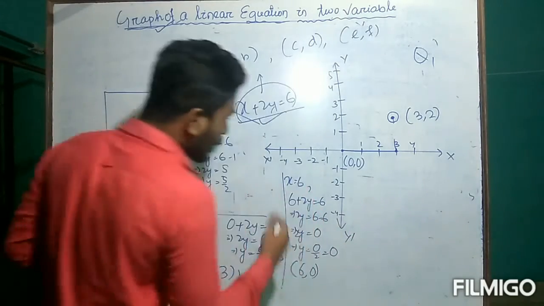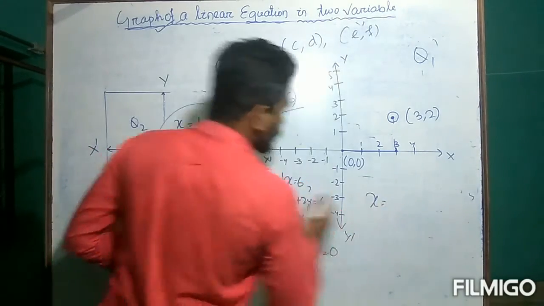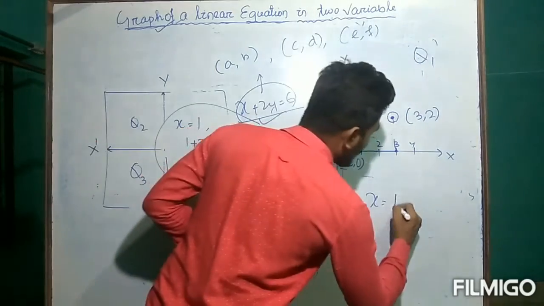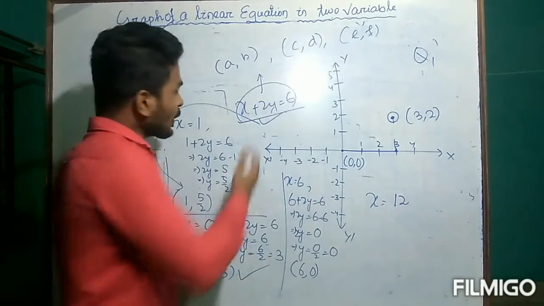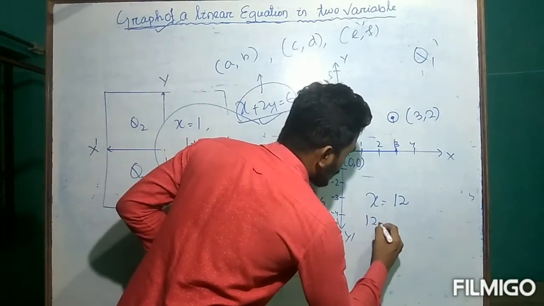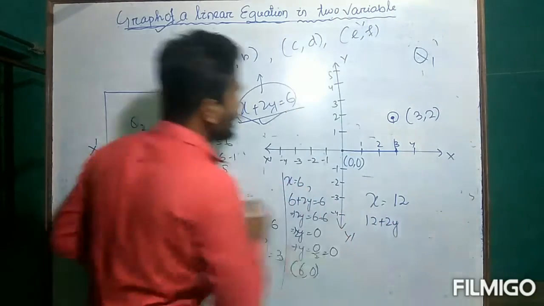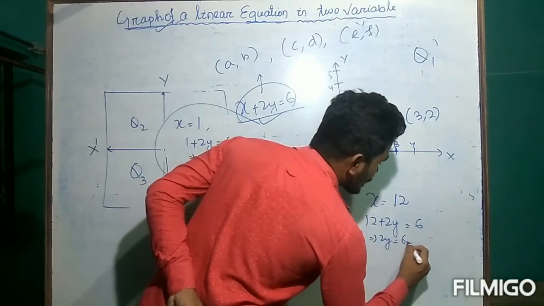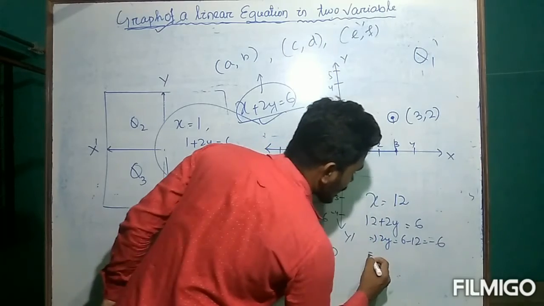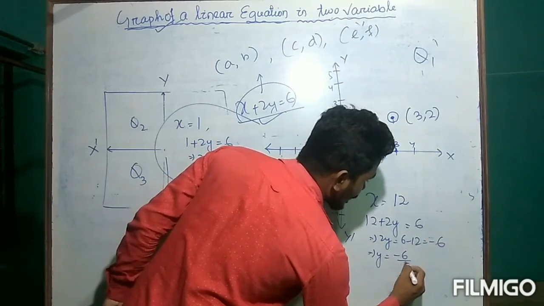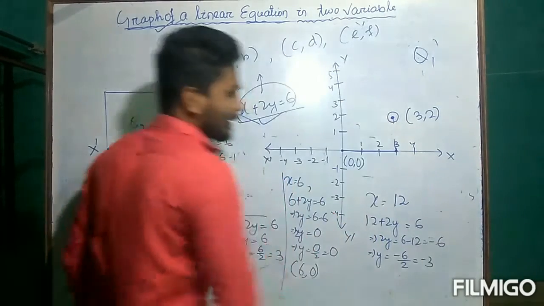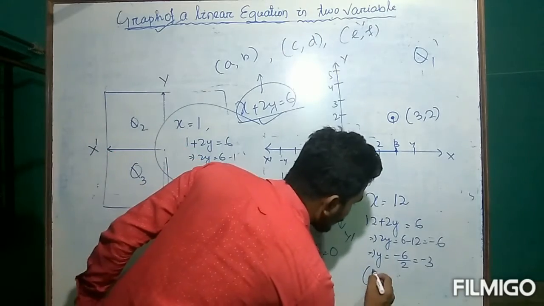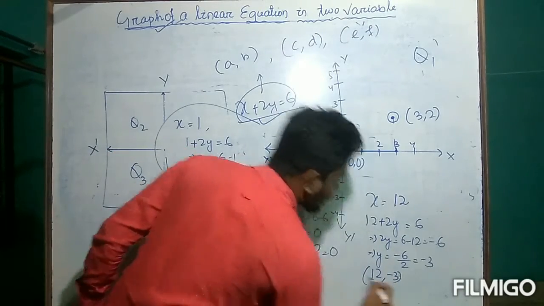Similarly, let us find one more solution. Someone puts x to be 12 in this equation. Now the equation will be 12 plus 2y is equal to 6. 2y is equal to 6 minus 12 is equal to minus 6 and y is equal to minus 6 by 2, that is minus 3. Hence the possible pair of solutions is 12, minus 3.